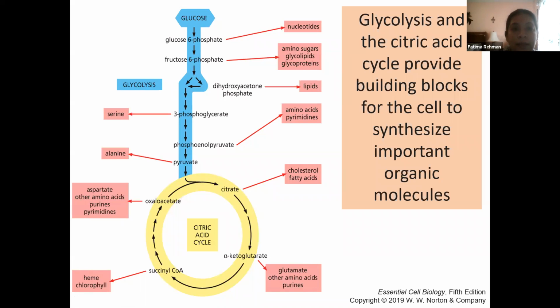So these basic steps of glycolysis along with the citric acid cycle are what's going to provide our body with all the building blocks to make other macromolecules like proteins, because it's breaking down those amino acids and releasing them and then taking the energy from them into the citric acid cycle.